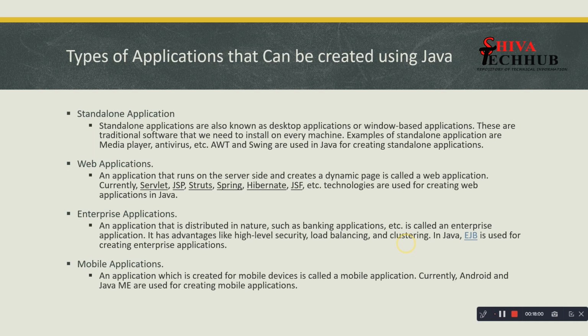Mobile applications. An application which is created for mobile devices, in terms of resolution and in terms of features, that is compatible with any mobile, is called a mobile application. And we do have Android, which is based on Java, and also Java Micro Edition. ME stands for Micro Edition, which is used for creating mobile applications.